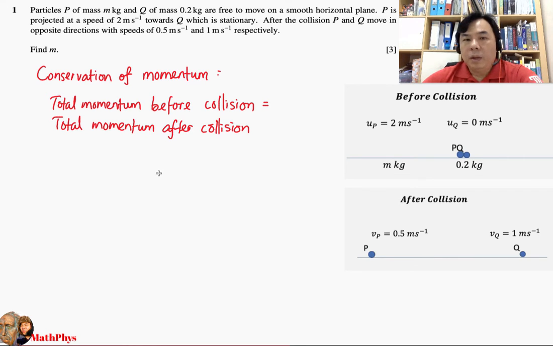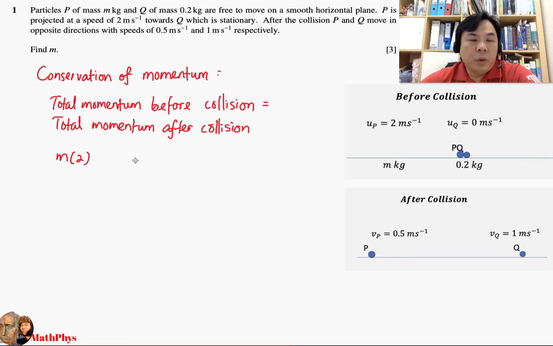Now, the total momentum before collision, let's look at this diagram. Momentum is given by the product of mass and velocity. For P, we have a mass of m and a velocity of 2 meters per second.